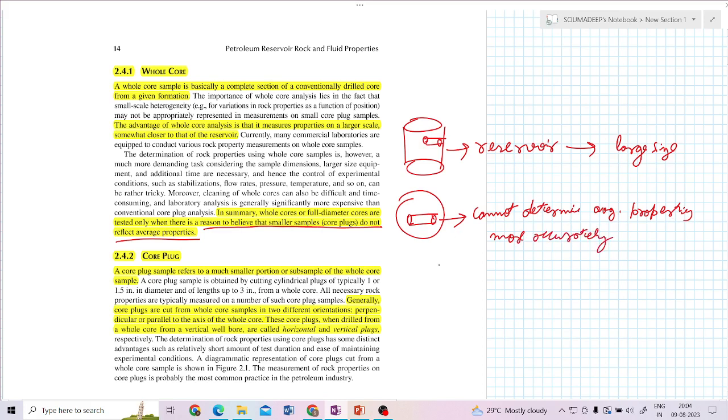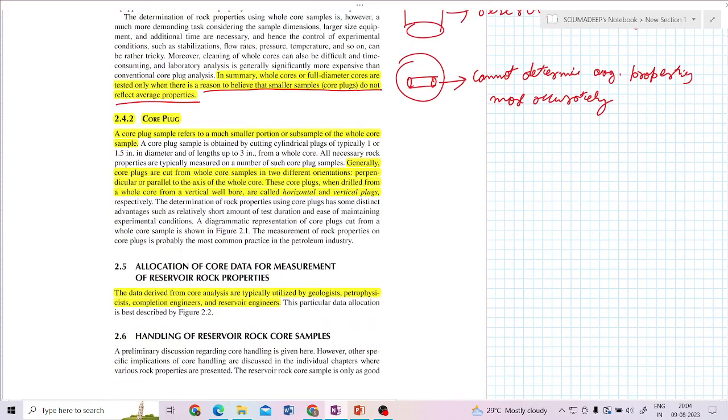So basically, what we do is, with core plugs, generally the plugs are cut from the whole core sample in different orientations: perpendicular, parallel, axis, whole core. When we take sidewall cores, we also use well logs.